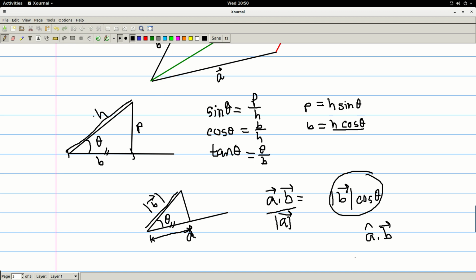I do a dot product of vector B with the unit vector A. That would give me the vector projection onto the second vector. Do we understand this part?